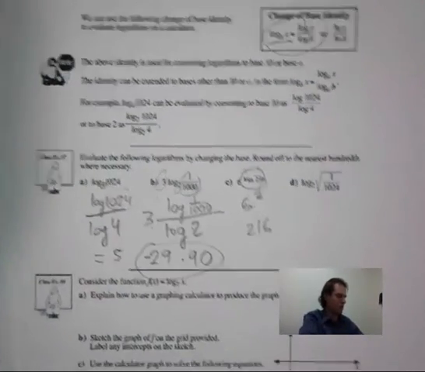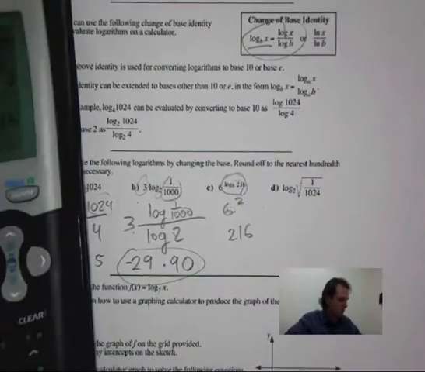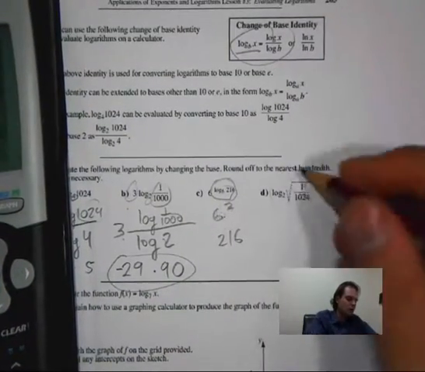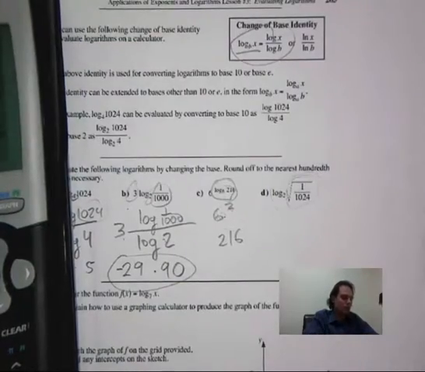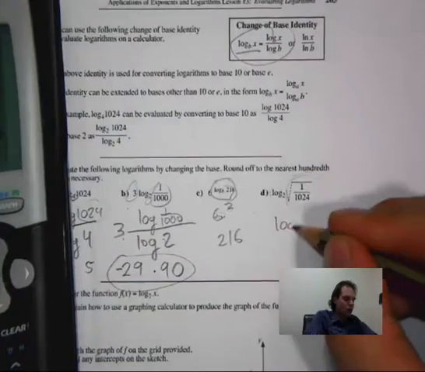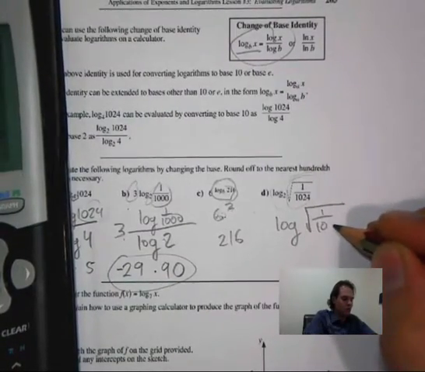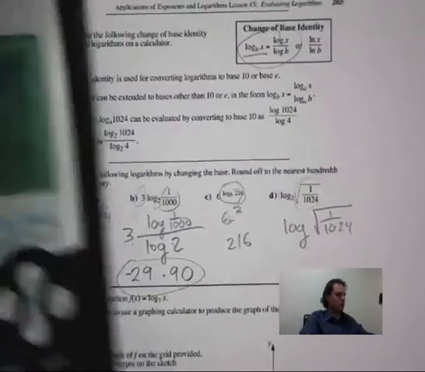Now let's take a look at this last one of this style. It is saying we want to do the log of this here. So once again, this looks very complicated, but we're just going to put it all in our calculator and make it easy. So I'm going to say log, and we have square root of 1 over 1024. Okay, so let's put that in.